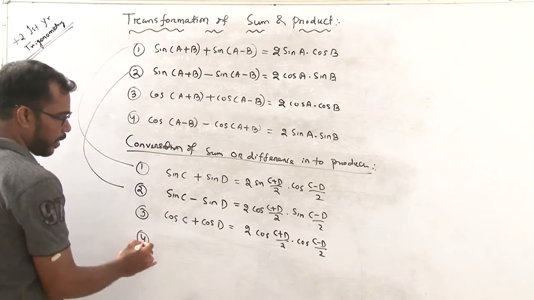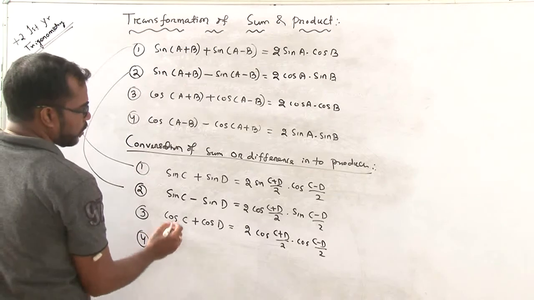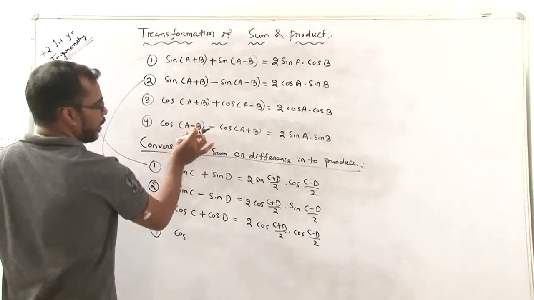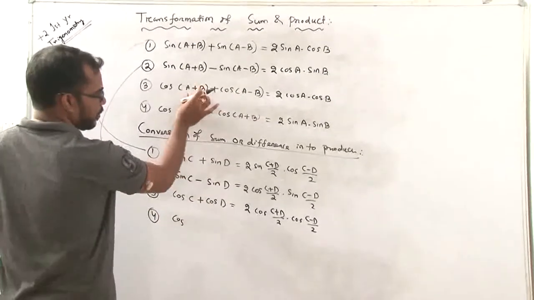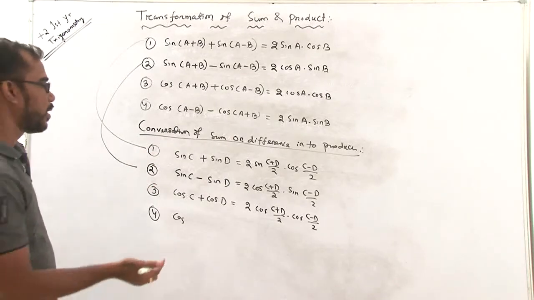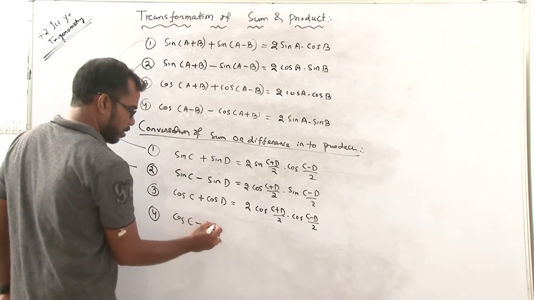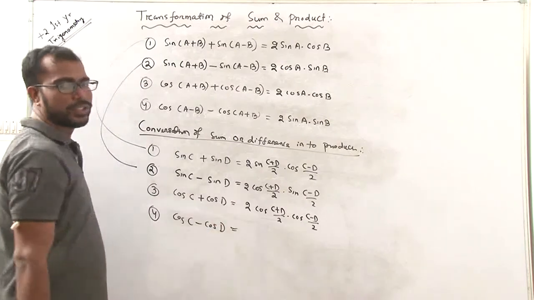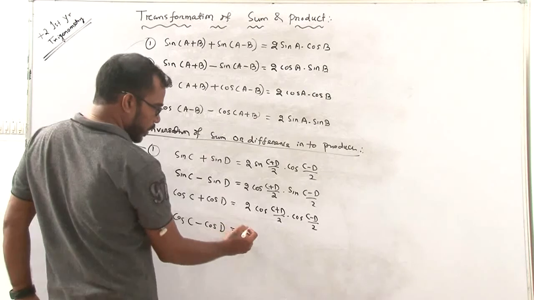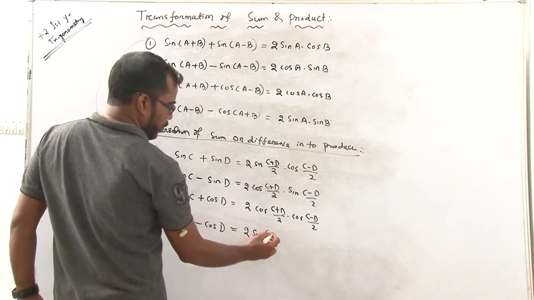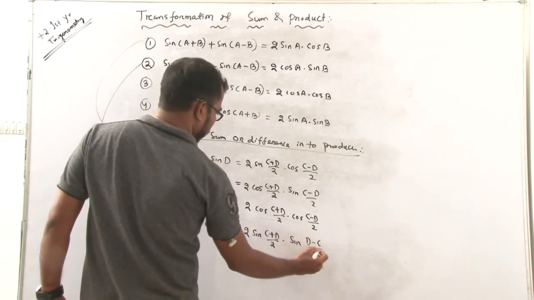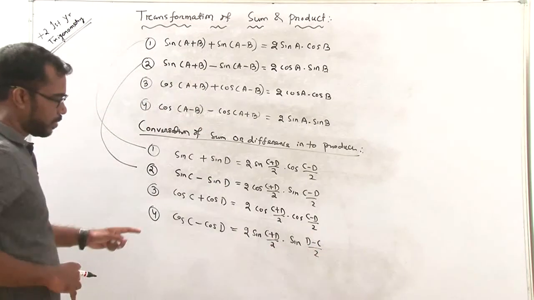And the fourth formula, that is cos D minus C, because here we take A minus B as D and A plus B as C. So here we can write cos D minus cos C, or we can write cos C minus cos D. If we write cos C minus cos D, we can write 2 sin (C plus D)/2 into sin (D minus C)/2, because here we changed the sign.